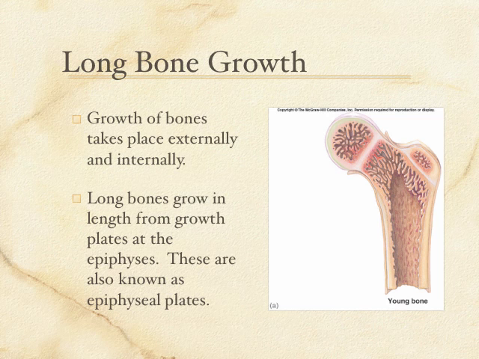The epiphyseal plates remain cartilaginous while the child is growing, while the teenager is growing. So there's actually several soft places in the epiphyses of all long bones in a child. The bone is actively growing from the inside.